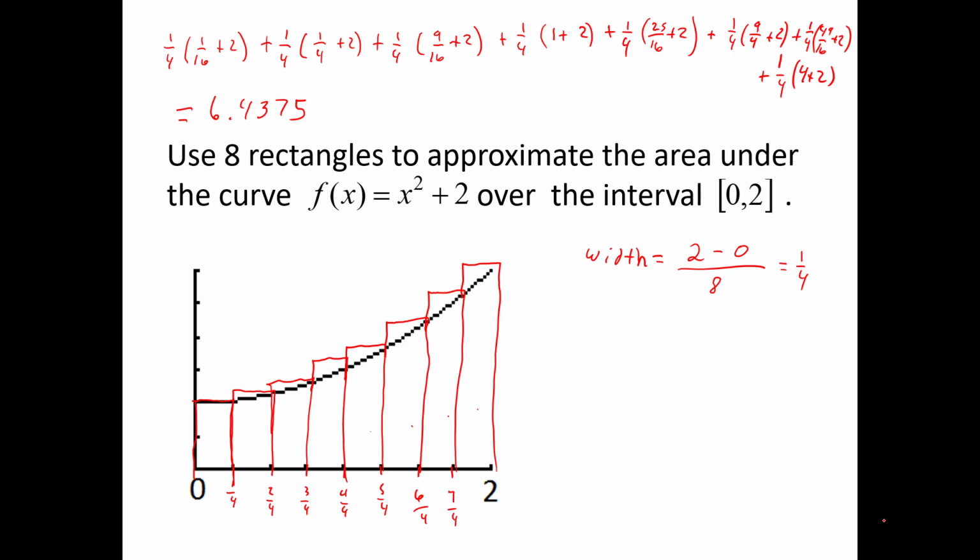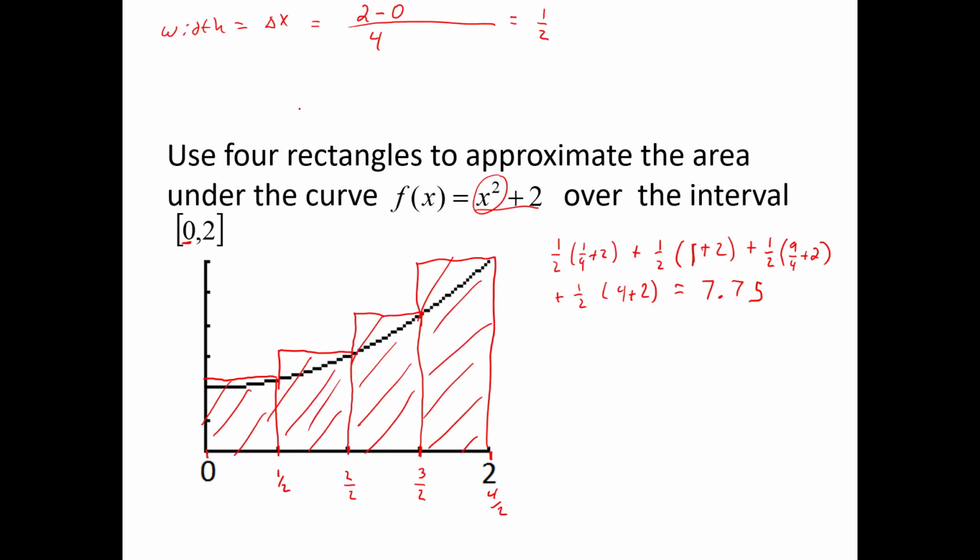I must have done something wrong on the previous problem, and it was not that. It should have been 7.1875. Must have forgot a term. And so then that follows the pattern.